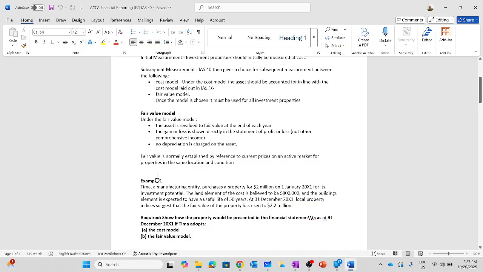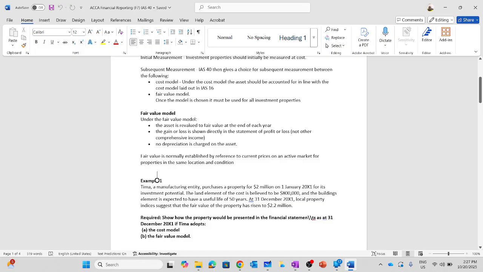On an annual basis, we are going to revalue the assets to ensure it reflects their fair value. Also, the gain or loss is shown directly in the statement of profit or loss, not other comprehensive income. Then finally, no depreciation is charged on the asset.